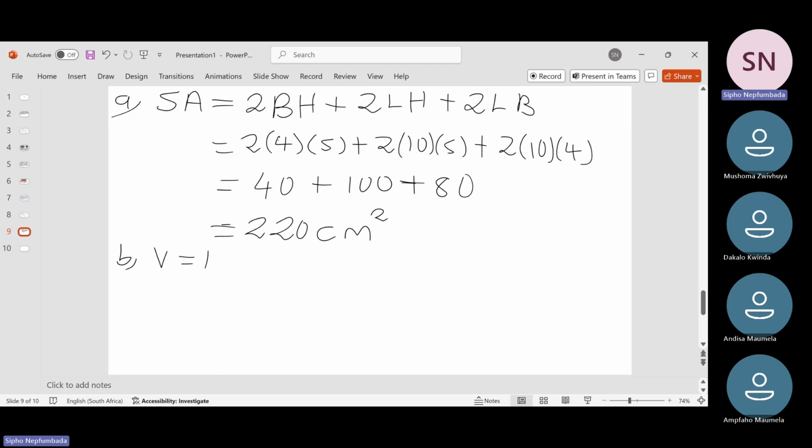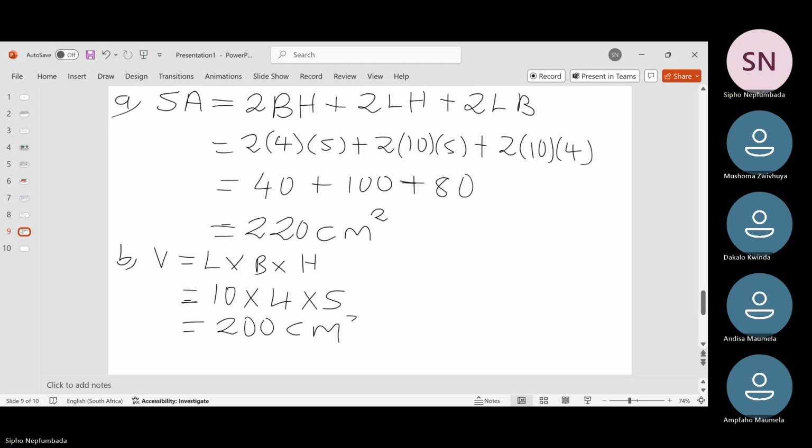V equals L times B times H. Then let's substitute, Dakaro. 10 times 4 times 5. Then we get what? 200 centimeter cube. Volume is always in units cubed. Are we good?